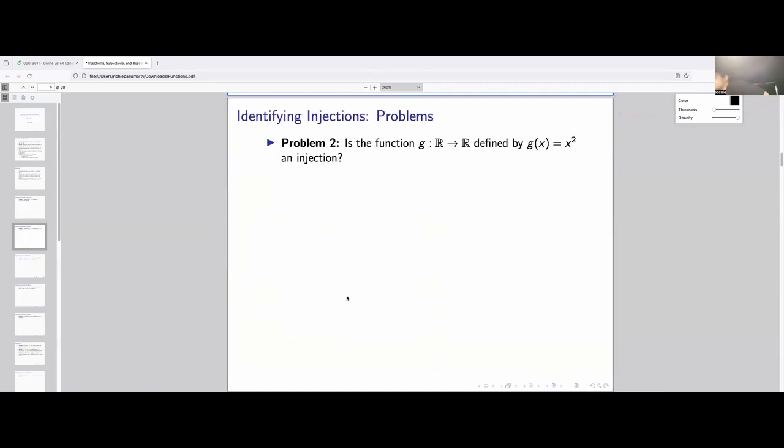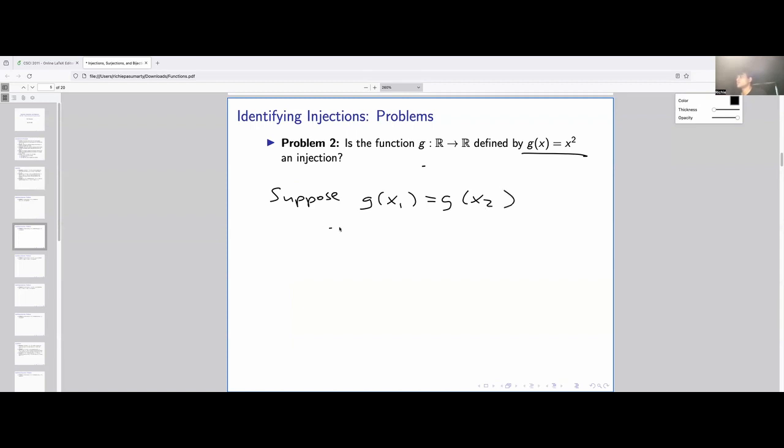All right, let's look at this one. Is this function injective? So I have the square root of x squared. Again, let's assume that, and if you want to really write this out in English, you can say, suppose g of x1 is equal to g of x2.